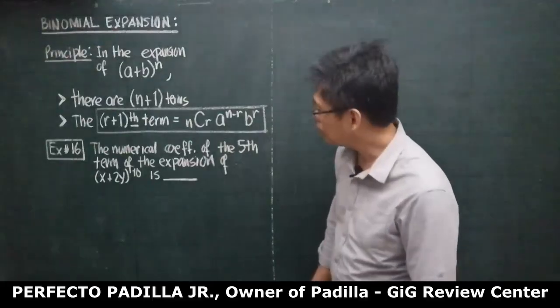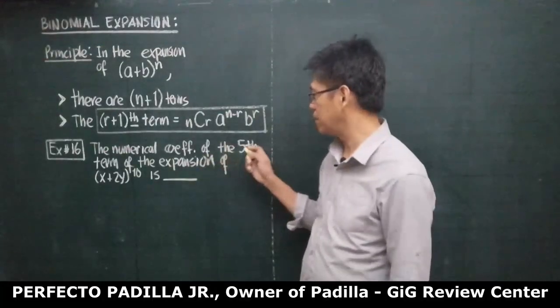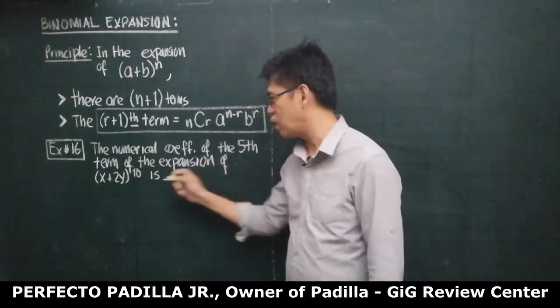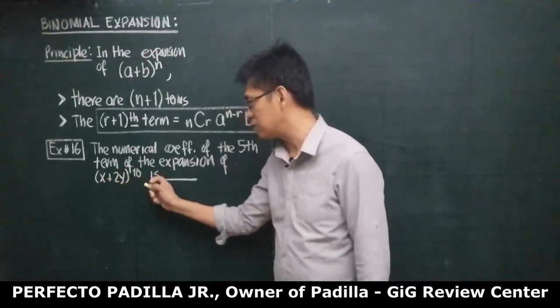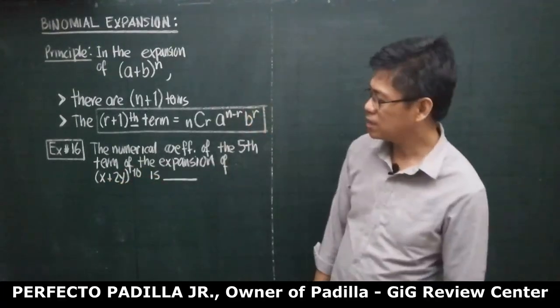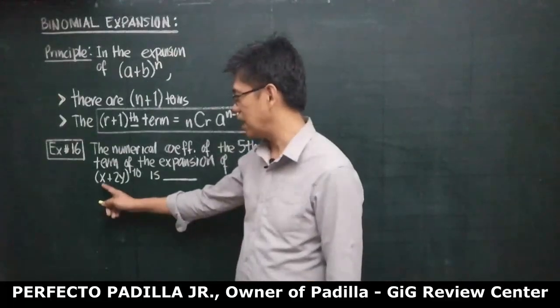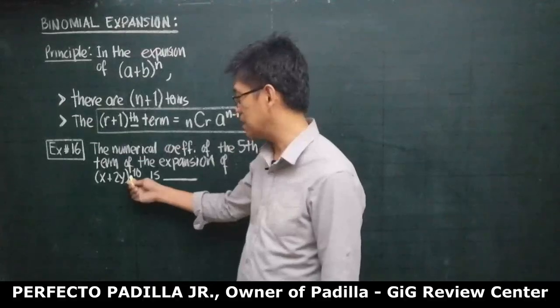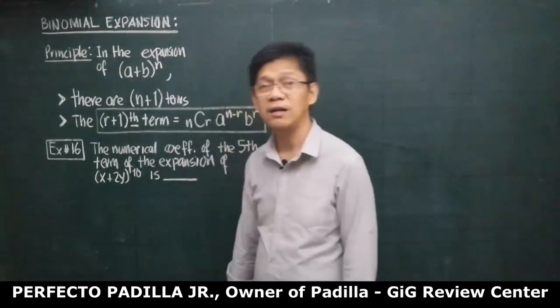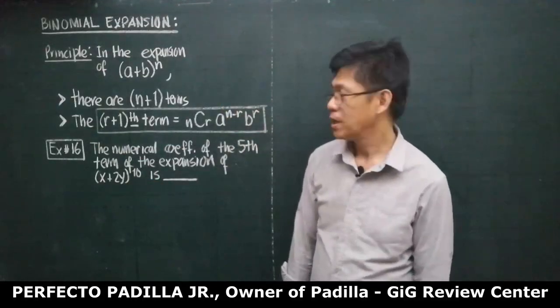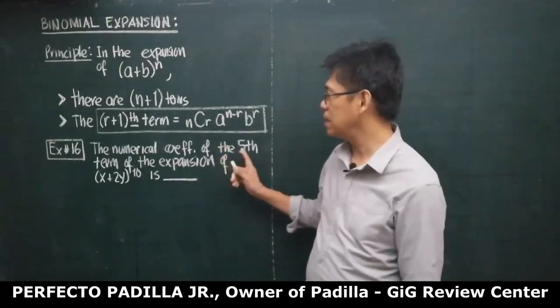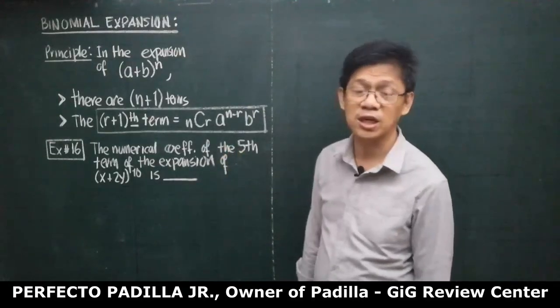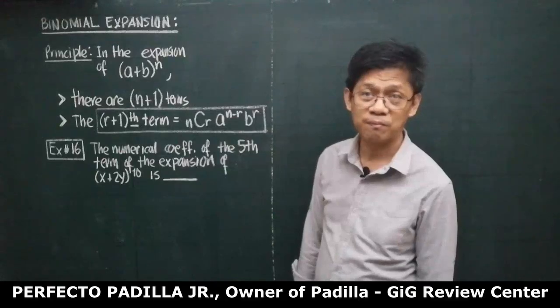And the numerical coefficient of the fifth term of the expansion of x plus 2y to the 10 is blank. In x plus 2y to the 10, x is the first term, 2y is the second term b, and 10 is the n. Okay? Now, ang hinahanap dito is numerical coefficient of the fifth term.